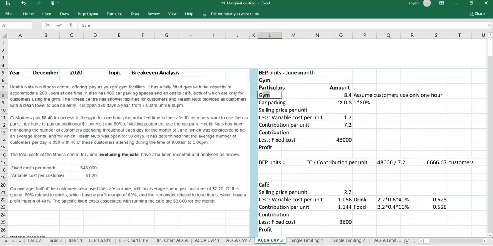So this would be the gym entry, and both put together comes to 9.2. So 8 is the contribution per unit. So we'll now amend it.